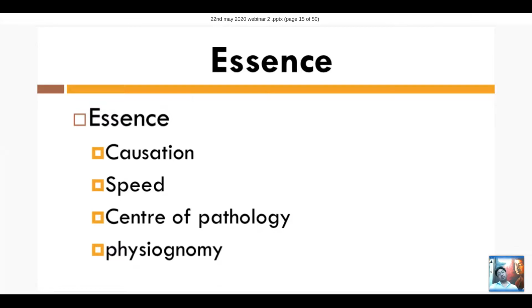And that is why when he explains sepia, he says stasis is the essence. And that stasis is not at one level; there is stasis at the mental level in the form of indifference, stasis at the physical level in the development of the body, and stasis in the hormonal system also. So you see stasis everywhere in that constitution. This is what Vithoulkas means by the word essence.